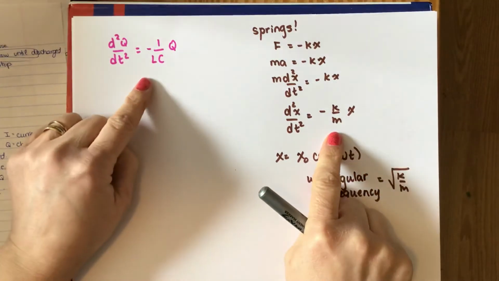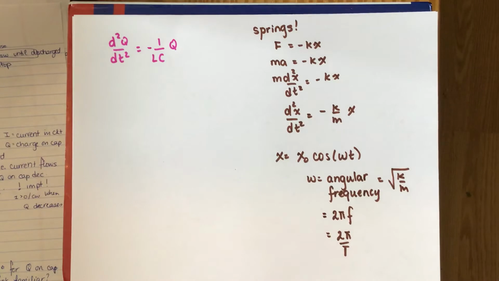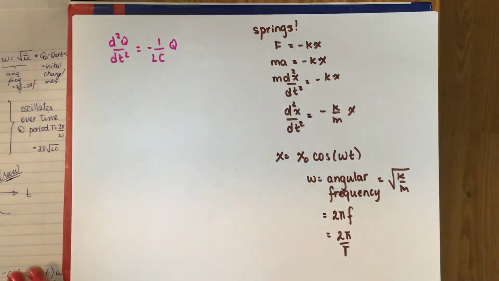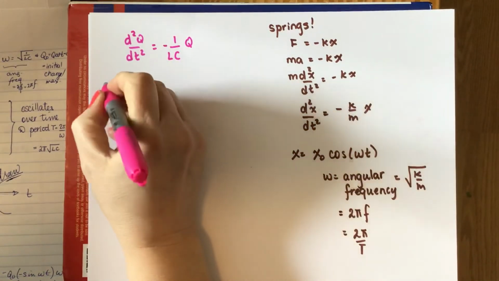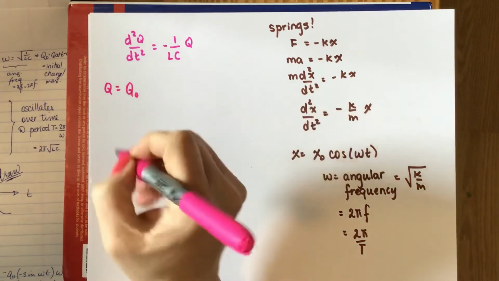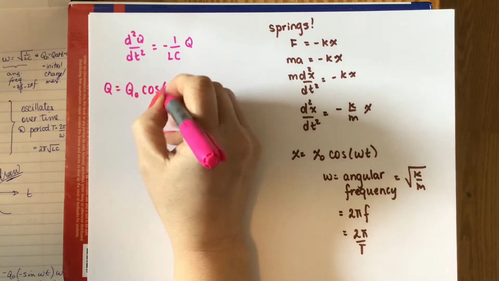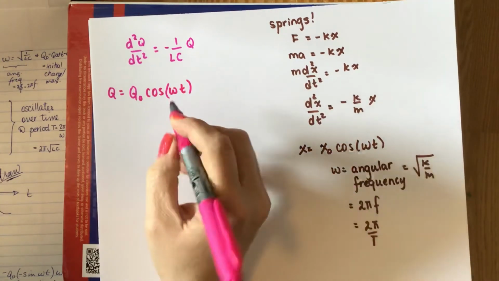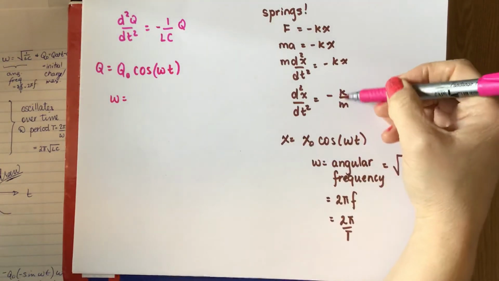Okay, so these were some things we knew about springs. This equation and this equation have exactly the same form, so they have the same form of a solution. So let's write down what the solution is for the charge on our capacitor. The charge as a function of time is some value q0 times cosine of omega times t. Here it was root k over m.